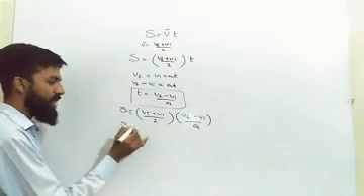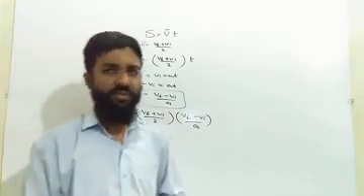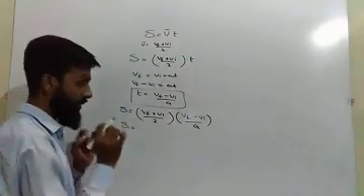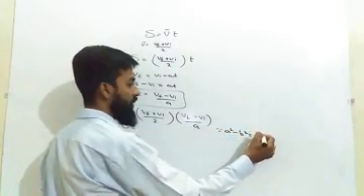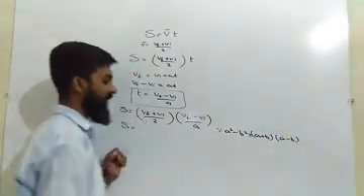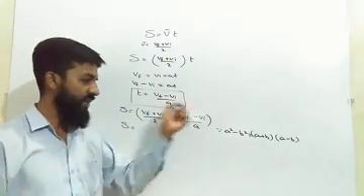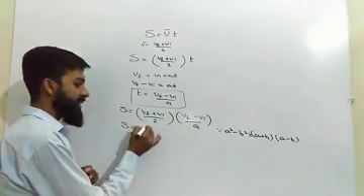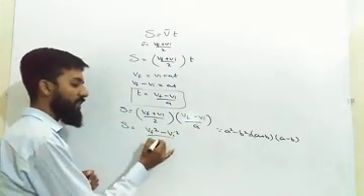So s is equal to Vf plus Vi into Vf minus Vi, over 2a. We also know the formula that a square minus b square is equal to a plus b into a minus b. So we can write Vf square minus Vi square, with 2a in the denominator.